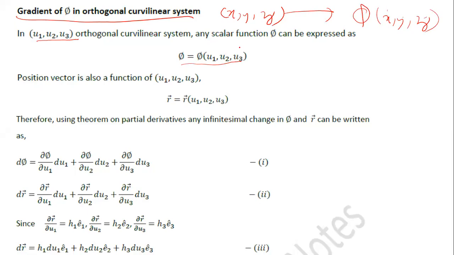u1, u2, and u3. So like I discussed, the position vector in the case of Cartesian system is xi plus yj plus zk. So the position vector, as we know it, is a function of x, y, and z in this 3D Cartesian system. Similar to that, we can also write the position vector in a u1, u2, u3 coordinate system as a function of the coordinate variables u1, u2, and u3.